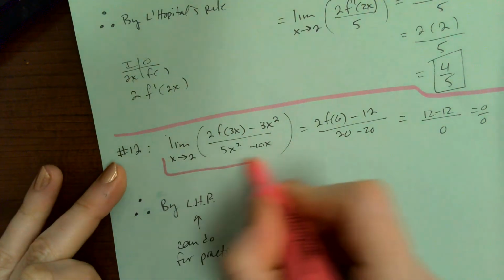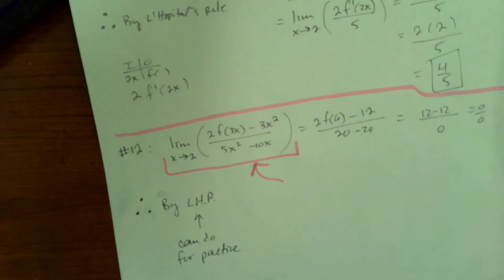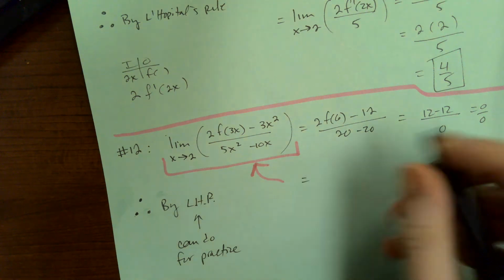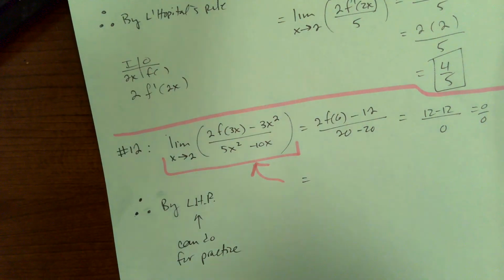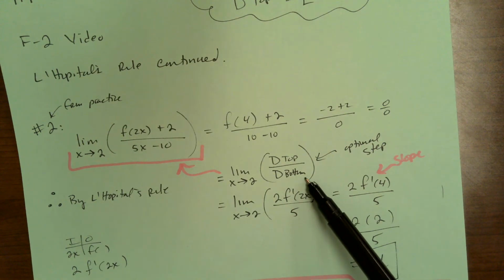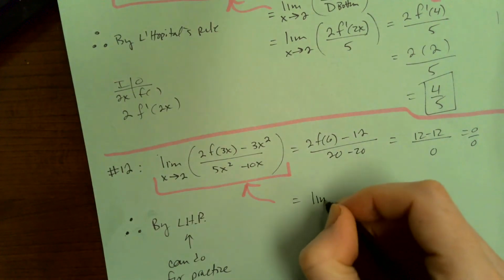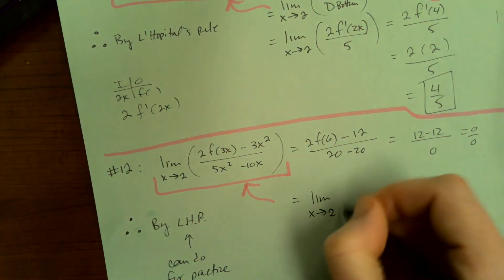And then I'll just say that this equals, and I'll skip this optional step, but do it if it helps you. L'Hopital's rule says I can take the derivative of the top over the derivative of the bottom, as x approaches 2.